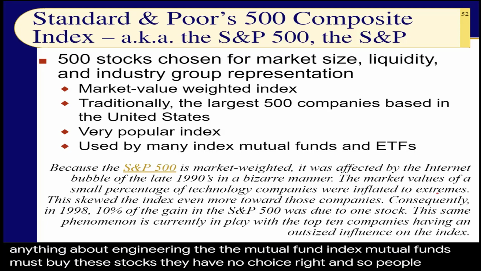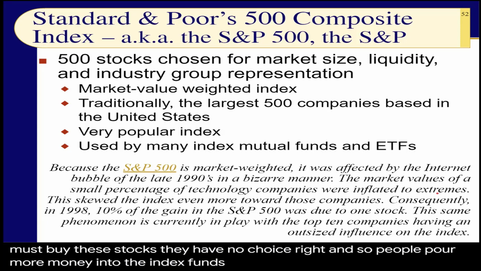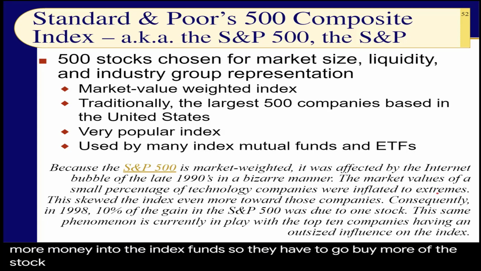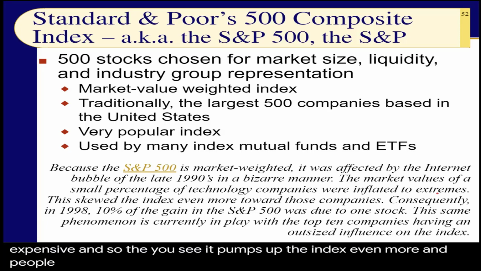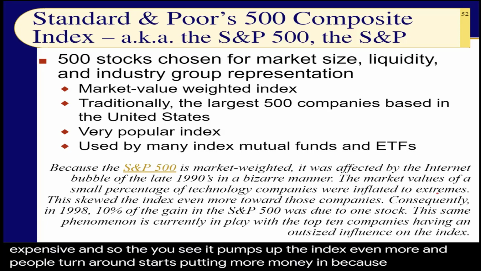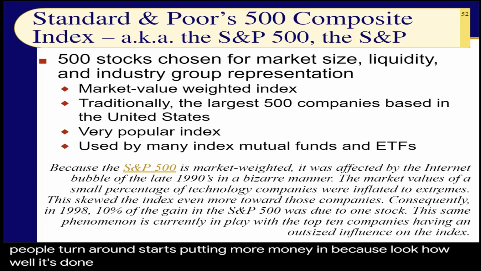And so people pour more money into the index funds, so they have to go buy more of the stocks, and the ones that are already very expensive become more expensive. And so it pumps up the index even more, and people turn around and start putting more money in because look how well it's done. And the same thing happens on the way down.